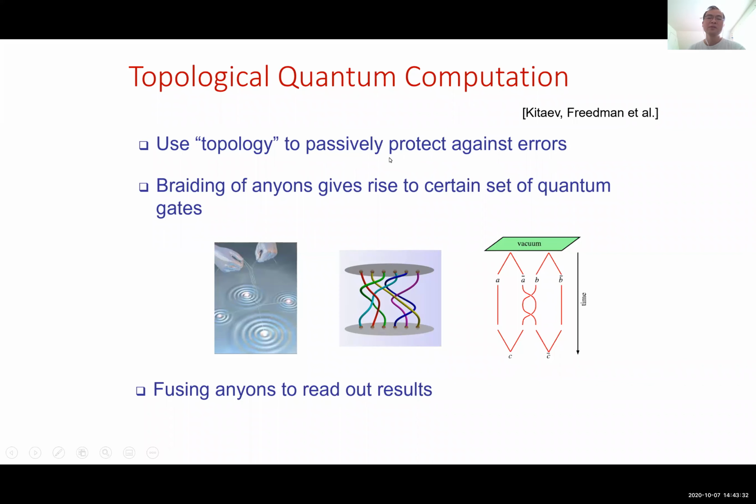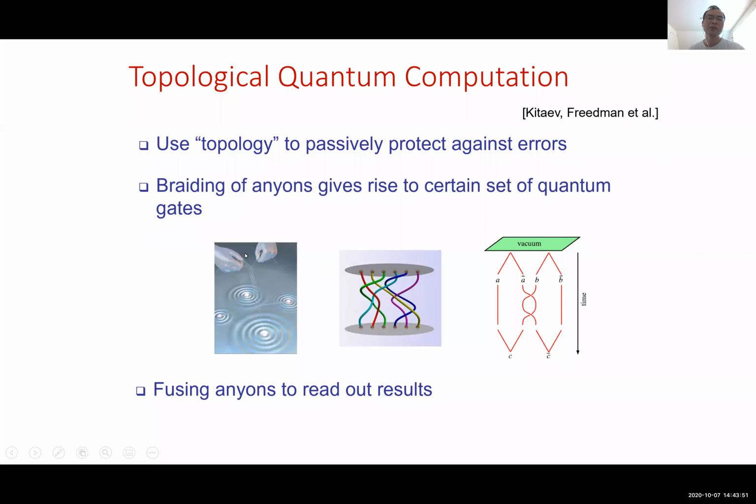And in these topological systems, or the intrinsic topological phases, there are strange particles called anyons. These are excitations, and we have seen some of these in the Toric case.